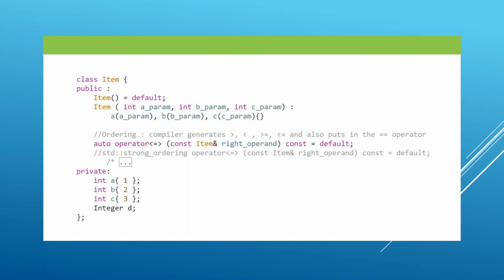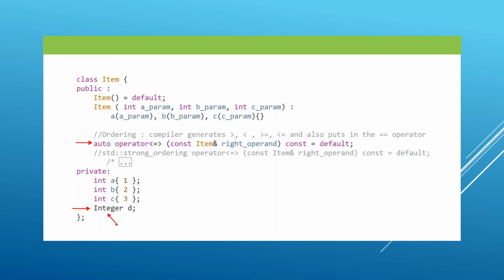So if you set up your class like this and you want to have a member that doesn't have any concept of comparison like Integer here, this is going to be a problem. The three-way comparison operator that you have defaulted is going to be deleted by the compiler because the compiler is going to realize that it can't really compare the member variables.